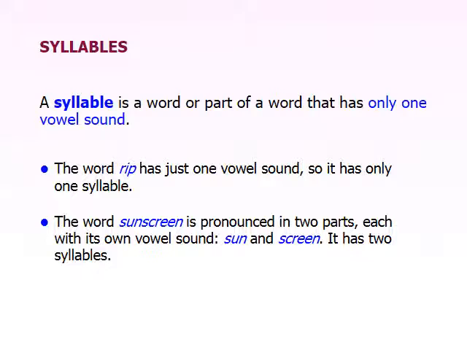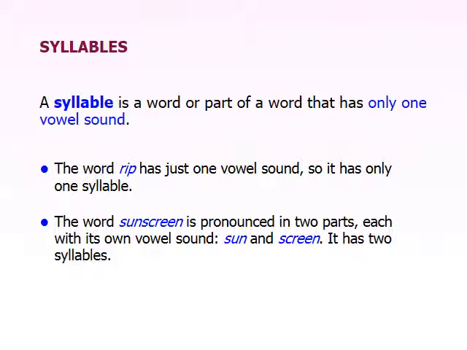So for example, when we have 2 vowels together, we know that makes a long vowel, with the first vowel being pronounced and the second one being silent. We also know that in English there's something called a silent E, which comes at the end of a word and is not pronounced. So if we look at these 2 examples, the first one is rip.